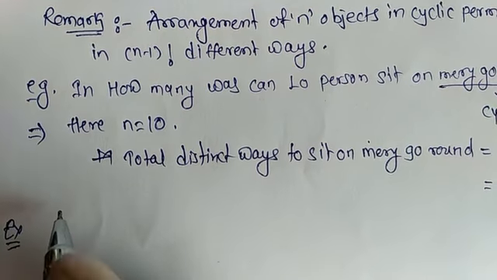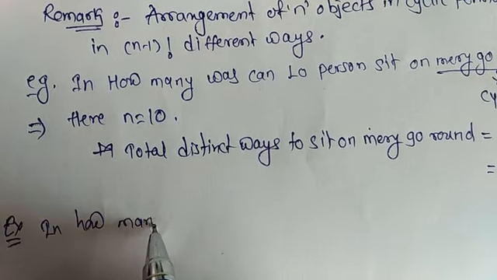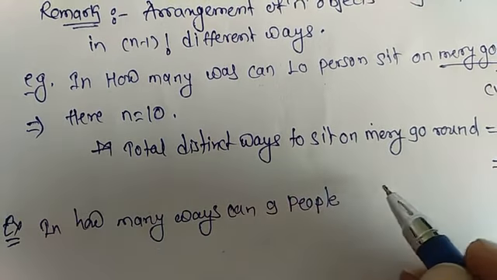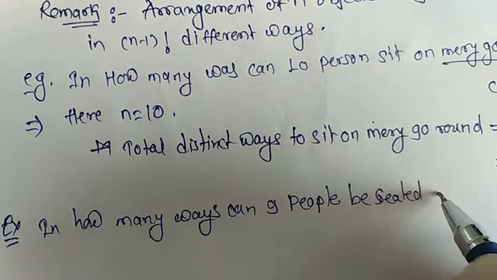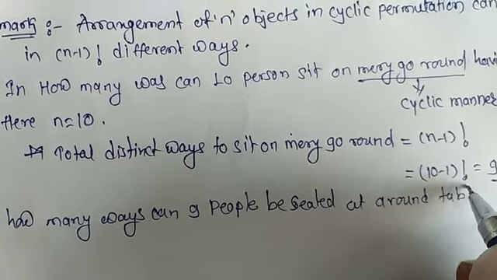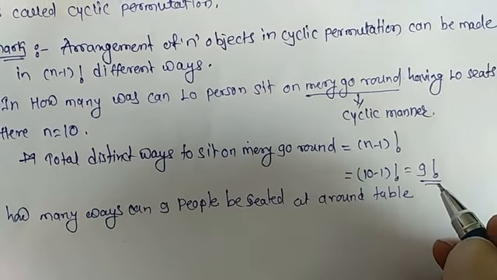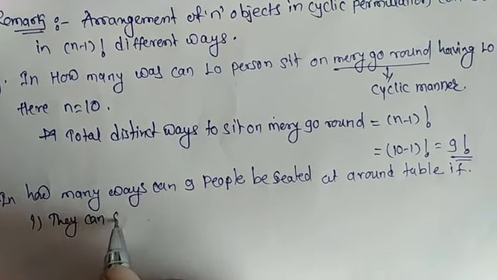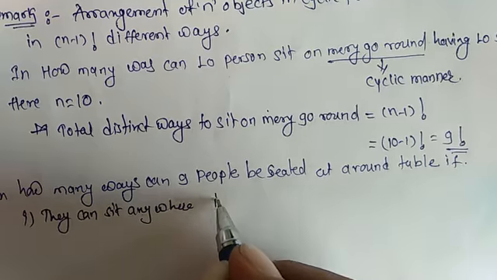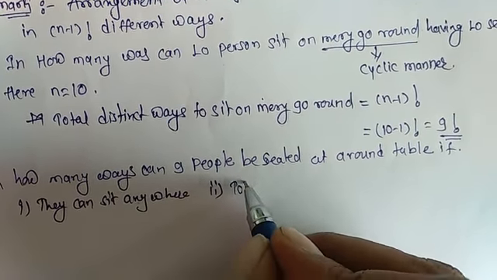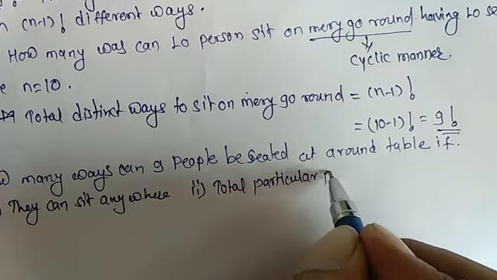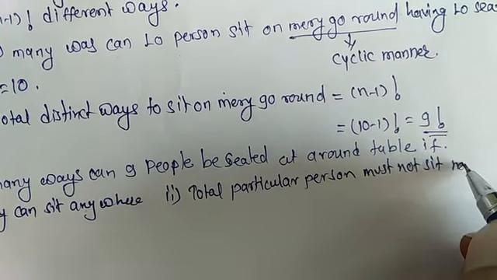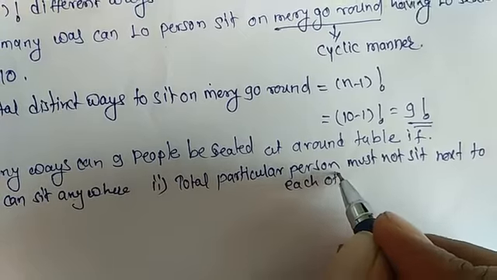Okay, now consider the next example. In how many ways can 9 people be seated at a round table if, first, they can sit anywhere, and second, two particular persons must not sit next to each other?